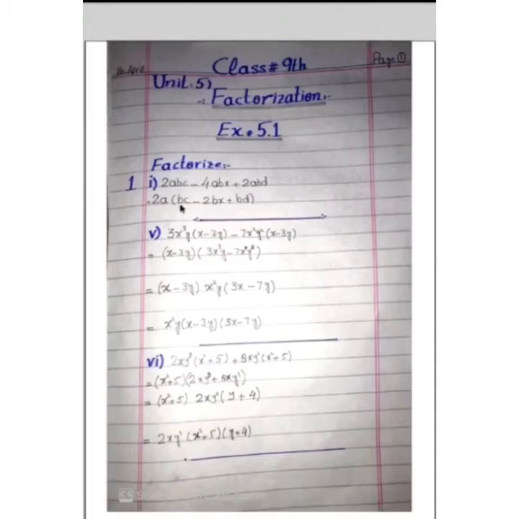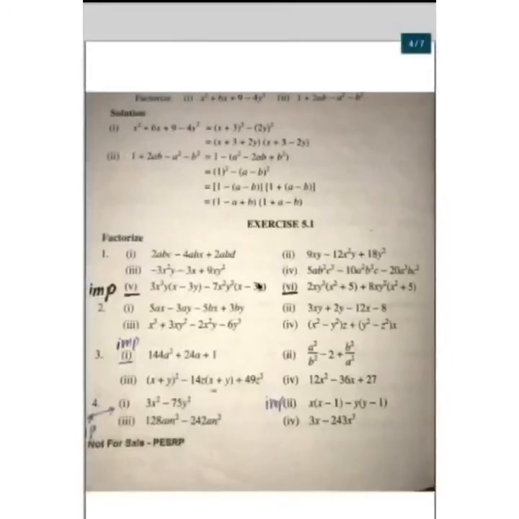So we take 2a common, then we get here bc, here 2bx as a is common, and here we get bd. Similarly, question number 2, 3 and 4 are solved. Here we have 2 common, any number which is common in 3 terms. Similarly we solve 3 and 4.